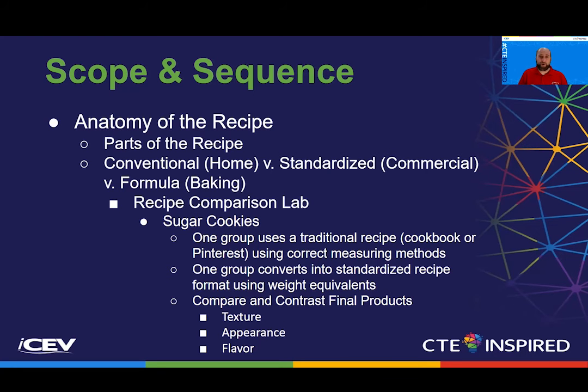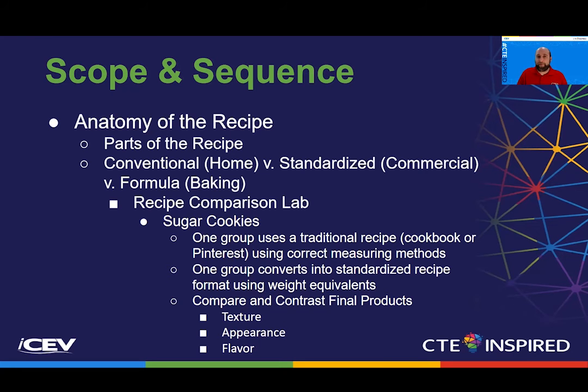But we just make sugar cookies because they're really simple and inexpensive to make. I'll have one group use a traditional recipe from like Pinterest or from a cookbook or one that I use every year. And then the other group will take those traditional measured out in cup recipes for the home-based cook, and I'll have them convert those to equivalents.